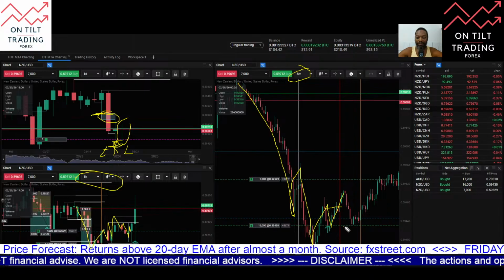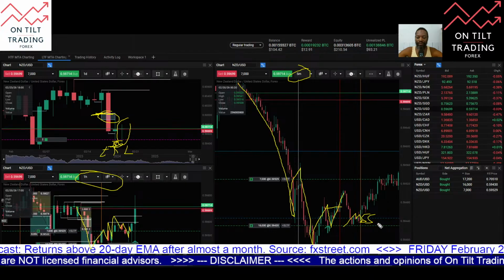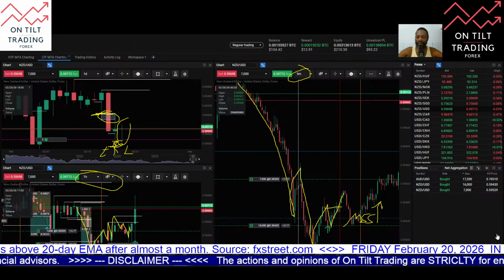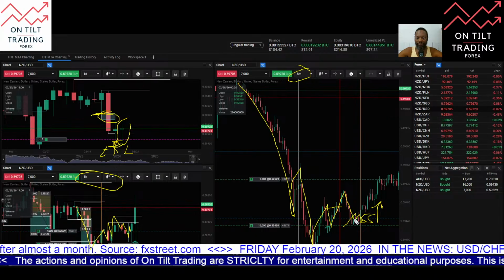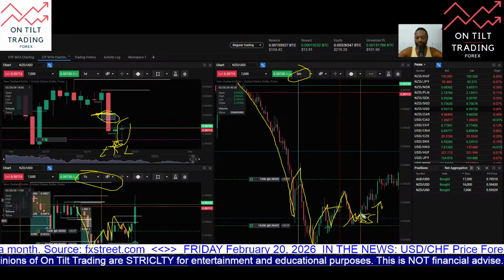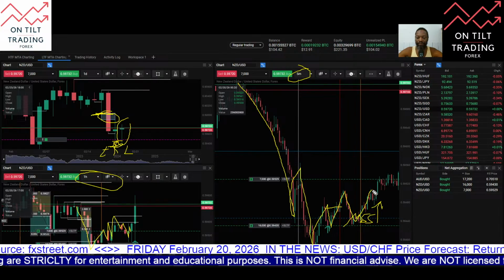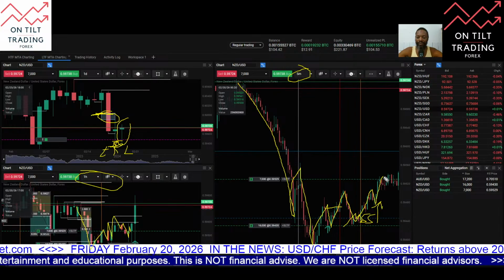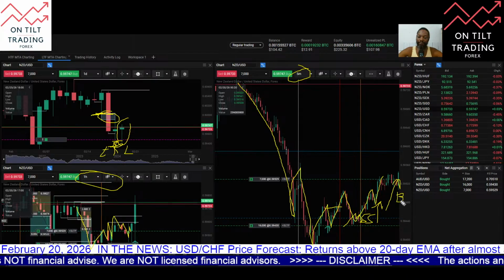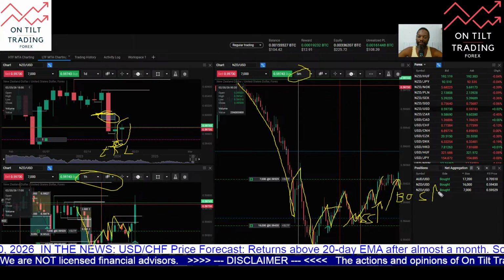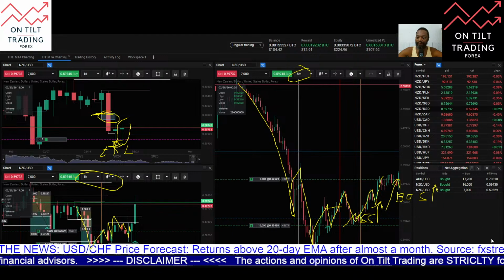So you see the market structure shift come in here to the buy side on the 5 minute. Then price trades down, puts in a higher low, and then price puts in an equal high, higher low, then higher high. So maintaining here and putting in a break of structure, which would be a continuation here to the buy side.